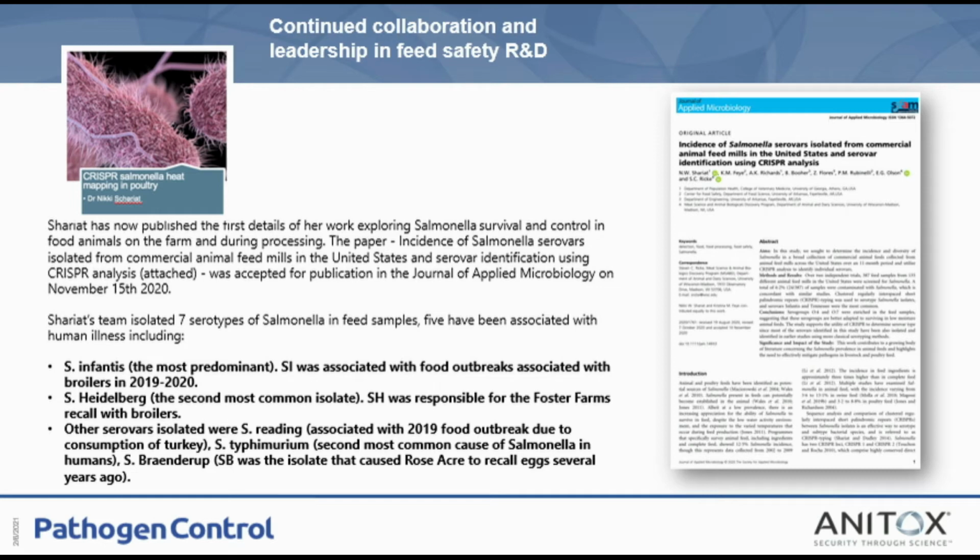Over 130 mills sent in around 3 samples of feed each. They found using CRISPR that Infantis was the most common serotype with Heidelberg II. Others included Salmonella Reading, Typhimurium and Brenderup, all of which have been linked to Salmonella in humans in the recent past.